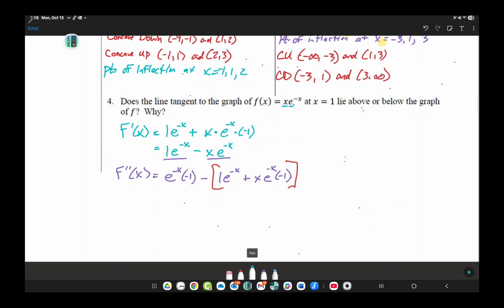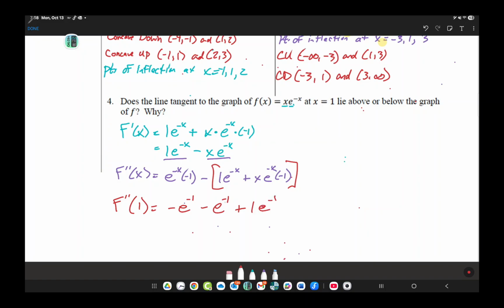So let's plug in 1. F double prime at 1. That is going to give me negative e to the negative 1 minus everything, because all these signs become minus, except for that one that's already minus. So it becomes minus e to the negative 1 plus 1 e to the negative 1.